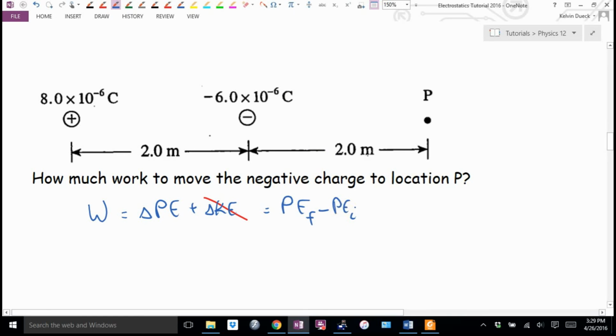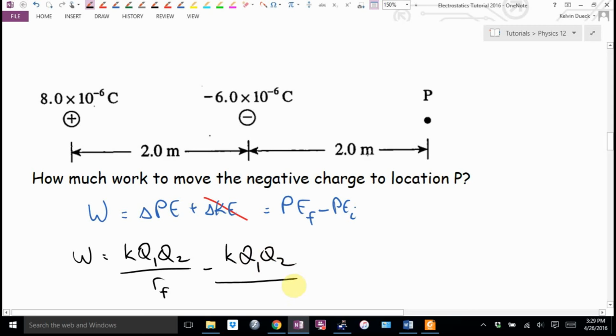The whole point of this is you need to know which equation. So it's going to be K Q1 Q2 over R final minus K Q1 Q2 over R initial. Am I going to put this negative into the equation or not?